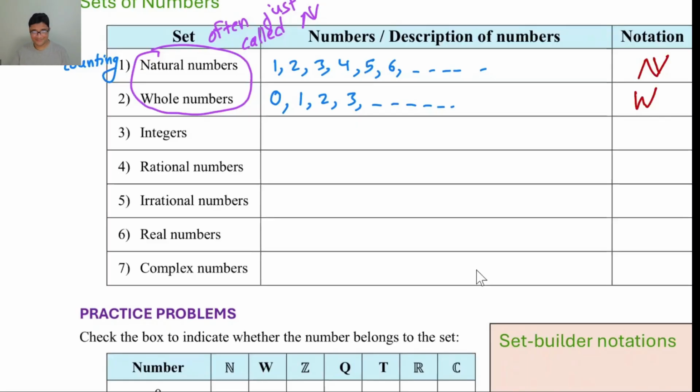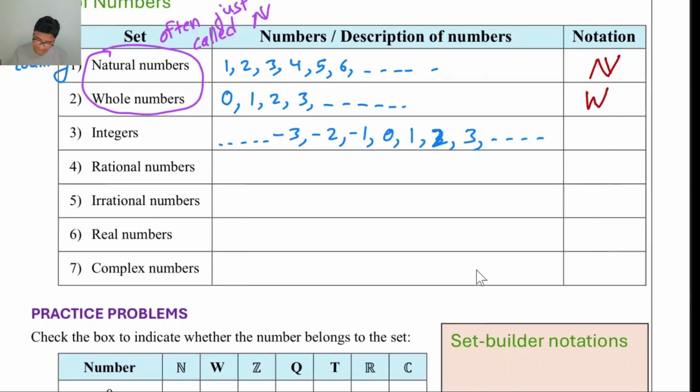You owe something, and that would be a negative number. Okay, so all the way from negative infinity, let's say, to -3, -2, -1, and then include what was there before, the natural numbers, 0 and the positive natural numbers. Okay, those will be called integers.